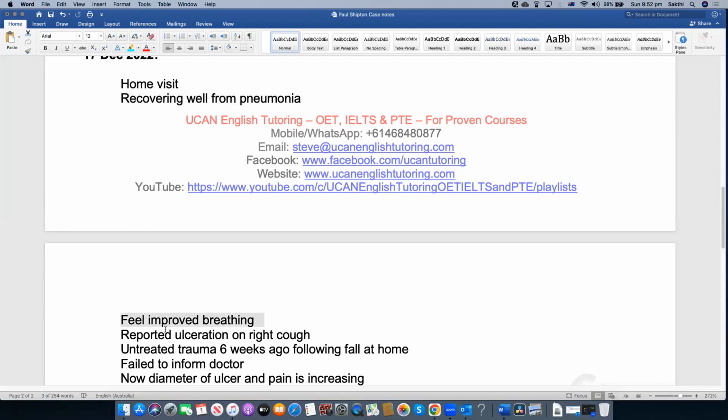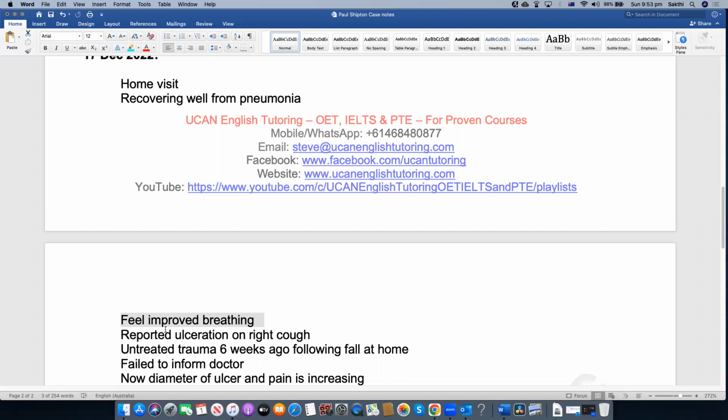This is a trap. They want you to write down the same information twice so that they have evidence to deduct your marks. They will reduce at least 10 or 20 marks if you include this information as well, because it's the same information. When you're recovering well from pneumonia, obviously your breathing is getting much better. That's what it means. So we should ensure that we don't include the same information twice. No way, we should not. Is that clear with everyone?